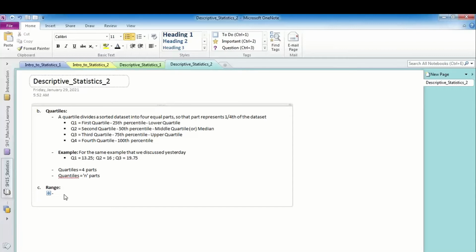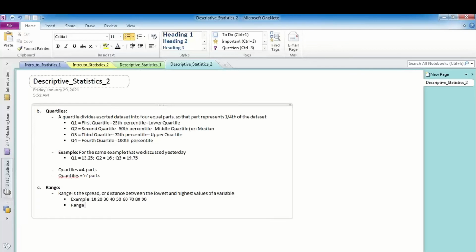Okay, now let's take a simple example. I'm just taking a few data points: 20, 30, 40, 50, 60, 70, and all the way to 90. Now, what is the range of these values? What could be the formula for range?